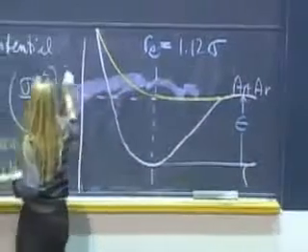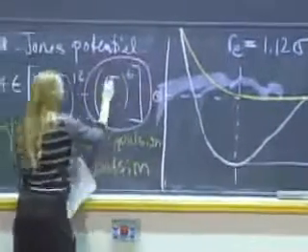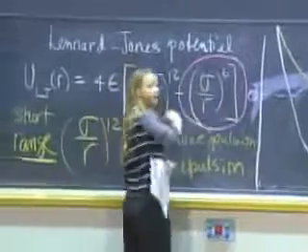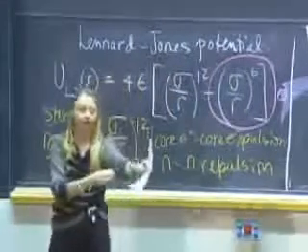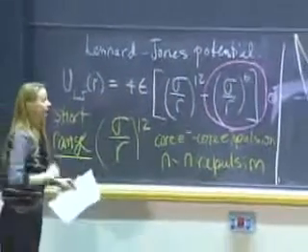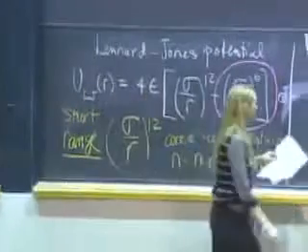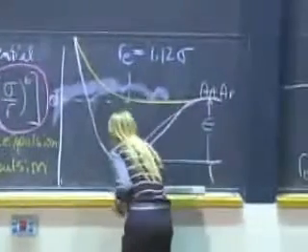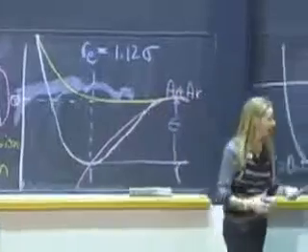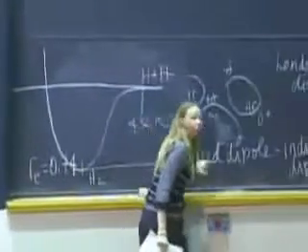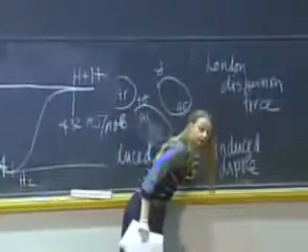But then there's this part, right? There's the sigma over r to the 6th term. That is the attractive interactions. If I were to plot that, it would look like that, right? That's the induced dipole interaction.